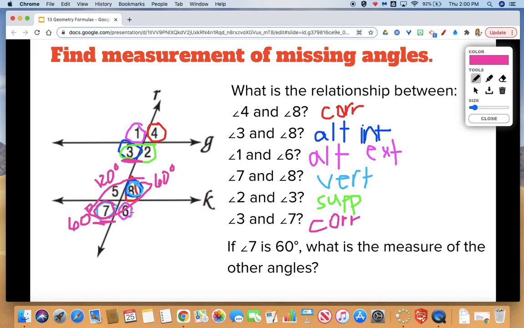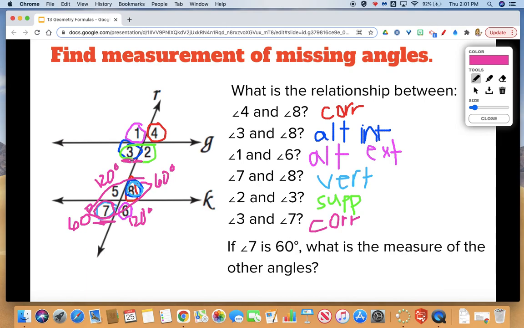Now I see that 5 is vertical to 6, so I could say that those are the same measurement, or I could go back and use my knowledge about supplementary and go back to my 7 and use that 60 there. So we're going to see two angle measurements, the starting angle measurement and then that other piece that got us up to 180. Now we need to find a way to figure out 1 through 4 over here.